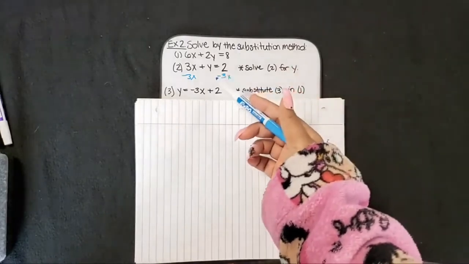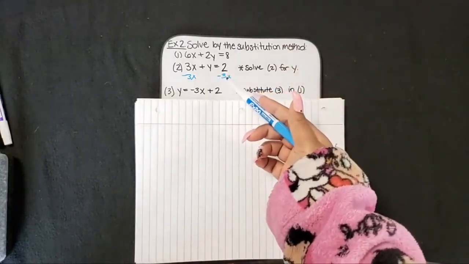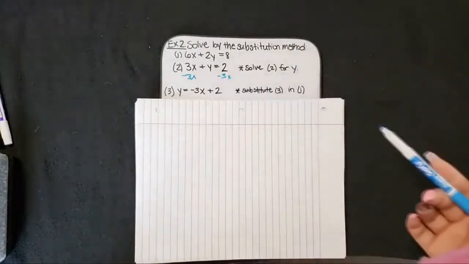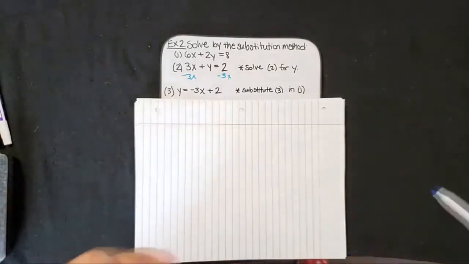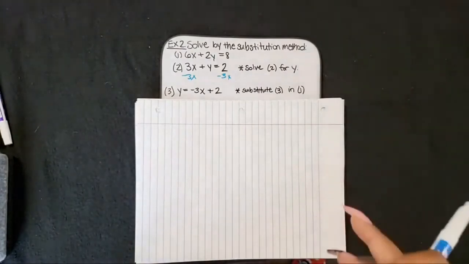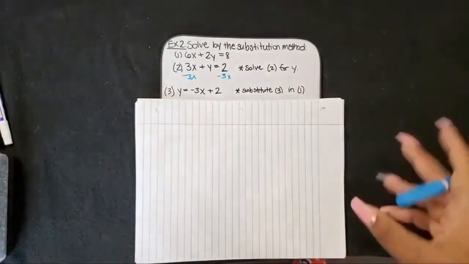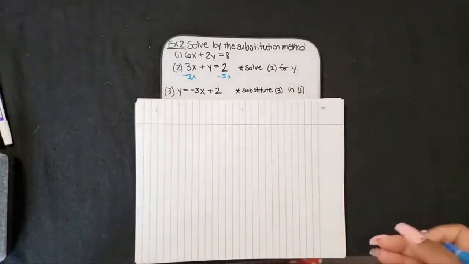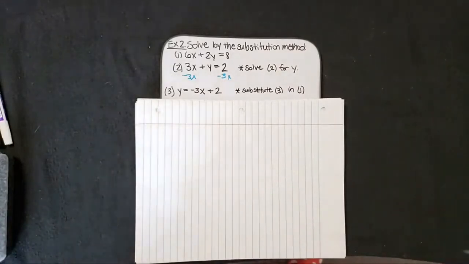And because this is minus 3x, it's -3x. The negative sign and subtraction and positive and plus signs kind of go hand in hand. So the sooner you guys grasp that when working with integers, the better off you will be moving forward.